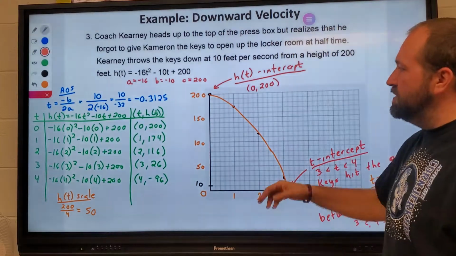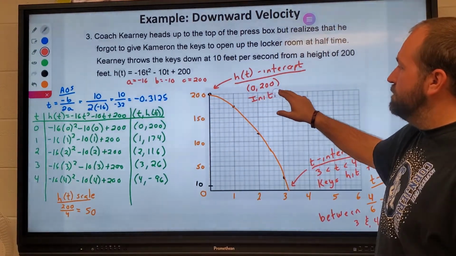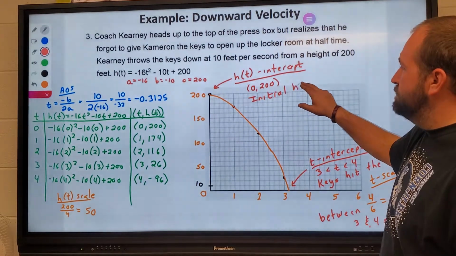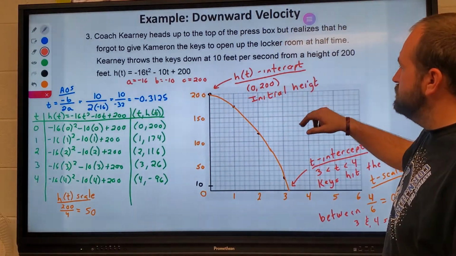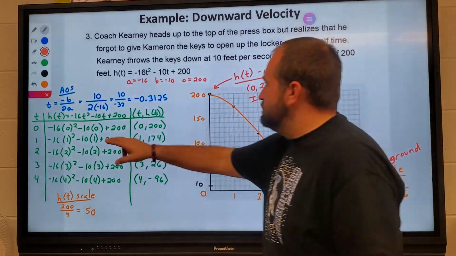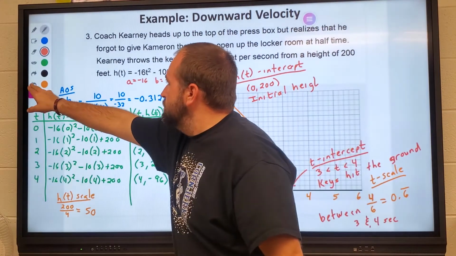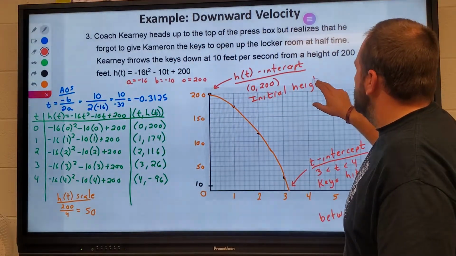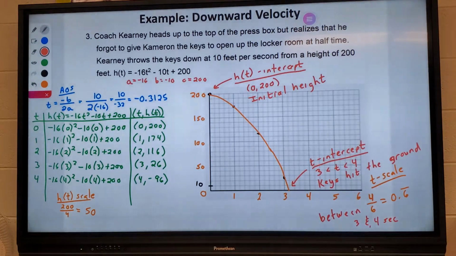And what that tells me is that this is the initial height. Again, these keys were thrown from a height of 200 feet. So 0, 200 was the initial height.